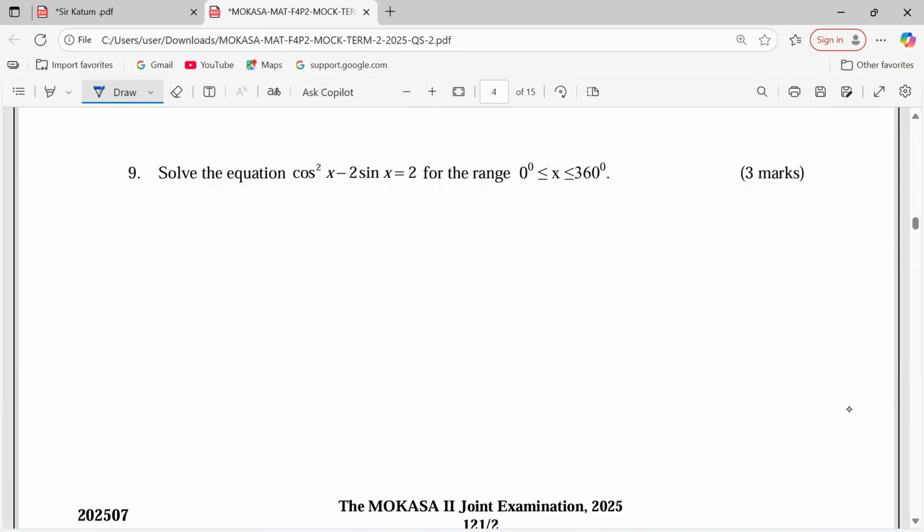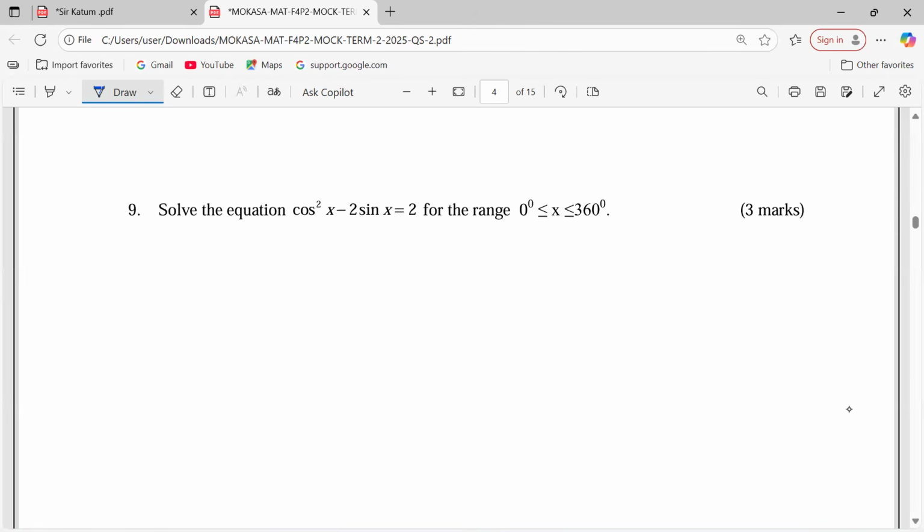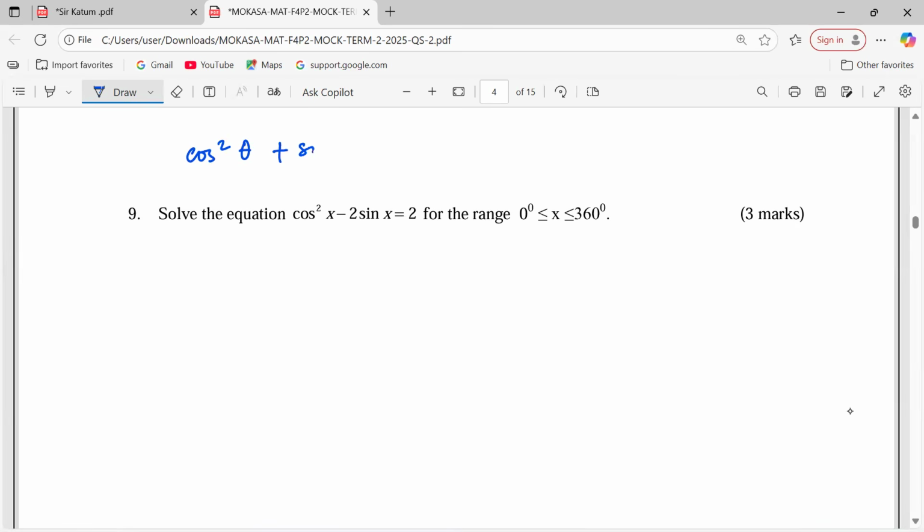So with this, we start immediately by applying the trigonometric identity. This is trigonometry 3, whereby we say when we take the cosine squared of an angle plus the sine squared of the same angle, we usually get 1. So according to this, we can now make the cosine squared of this angle the subject.